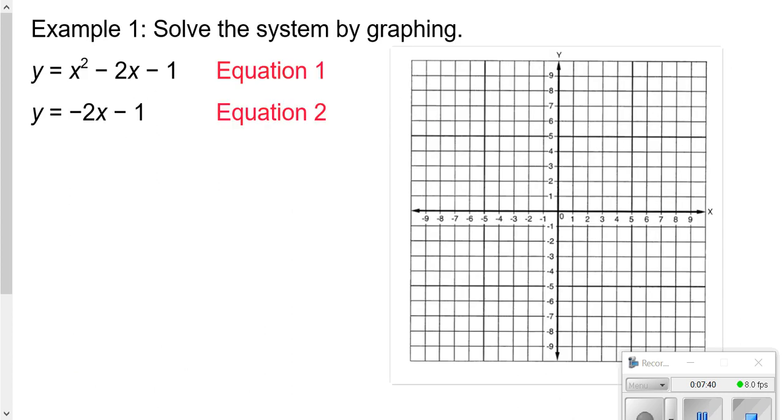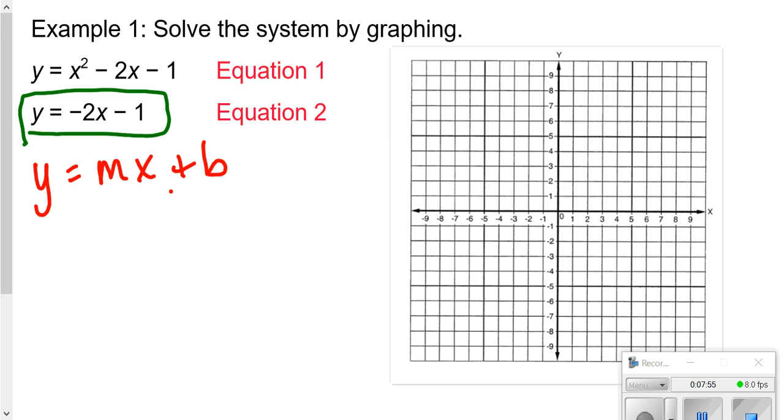All right, so this is a problem we're going to solve by graphing, and I'm going to start with doing the second equation because that's a line. So just to remind you that when we're looking at y equals mx plus b, this is the y-intercept, which is a point on the y-axis that the line passes through, and the number that's in this location is the slope.